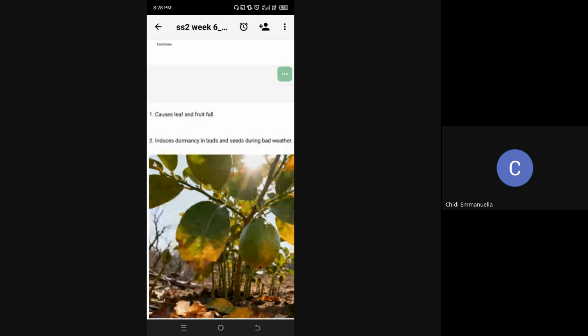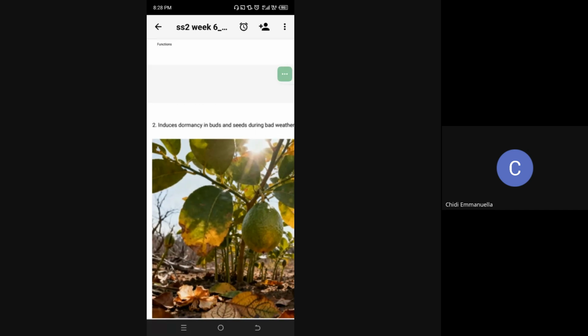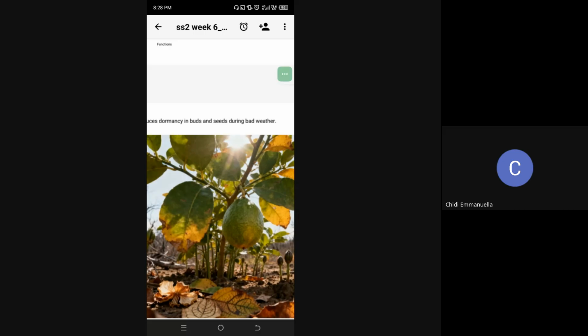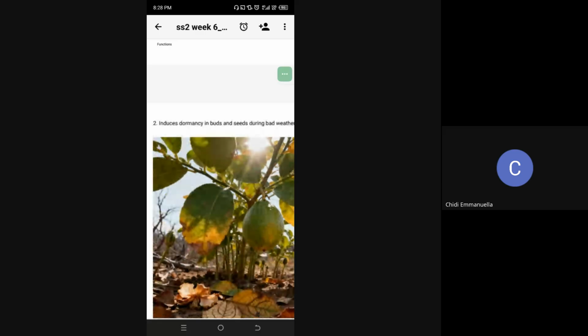Okay. Number two, it induces dormancy in buds and seeds during bad weather. The other time I explained something about dormancy in seeds. What did I say?